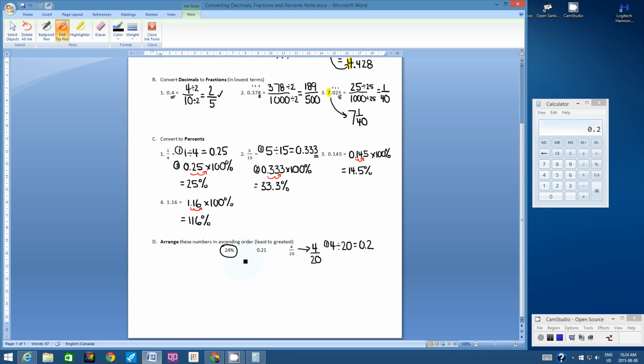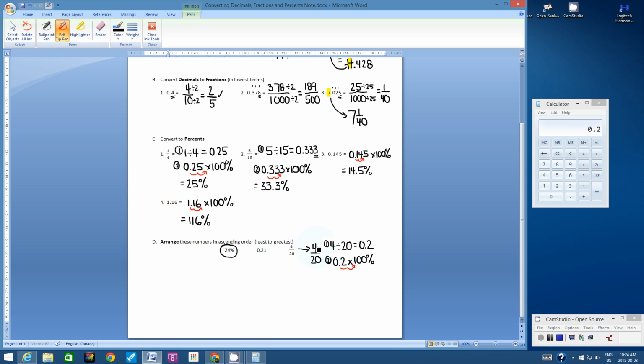Okay, we're not finished yet. Now we've got a decimal and we want to make it a percent. So what do we do at this point? We take our decimal and multiply it by 100%. That's very easy to do. We move the decimal place 2 places to the right.